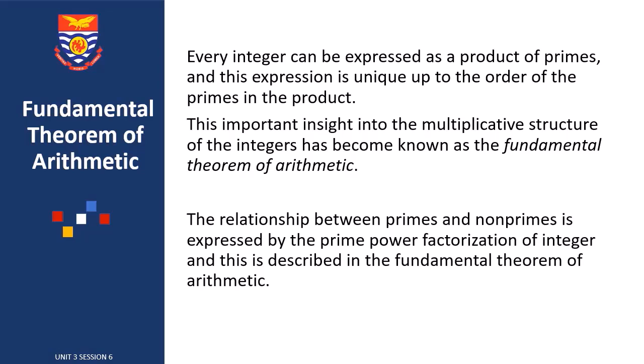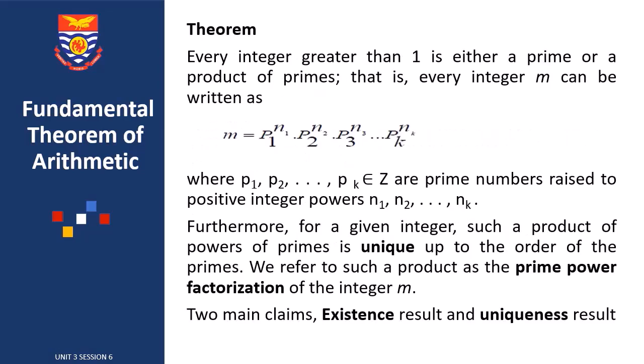So let's see the way forward. Theorem: the fundamental theorem of arithmetic. The fundamental theorem of arithmetic is very important. So let's state: every integer greater than 1 is either a prime or a product of primes.